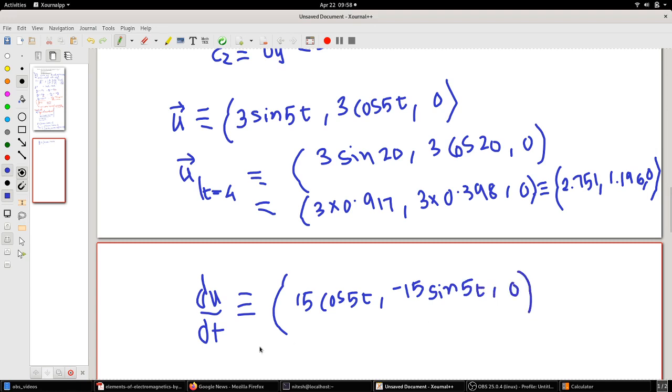Okay, so I know that this is your acceleration. So this is at t equal to 4.